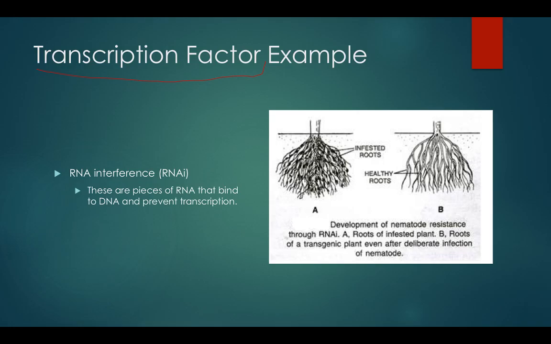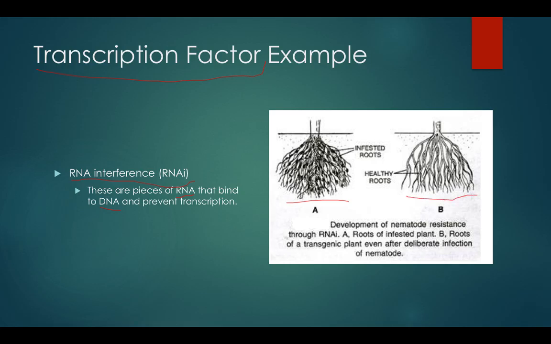Okay, so the transcription factors, like RNAi, are going to be able to turn genes off. And what happens here is that RNAi is going to bind to DNA, and by doing that, it turns the whole process off. So in this example right here, you have infested roots versus healthy roots in tobacco plants.